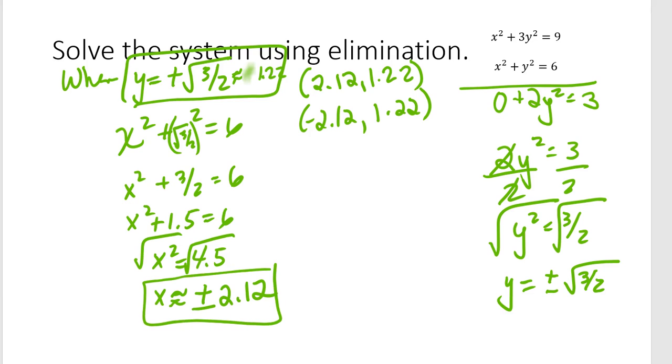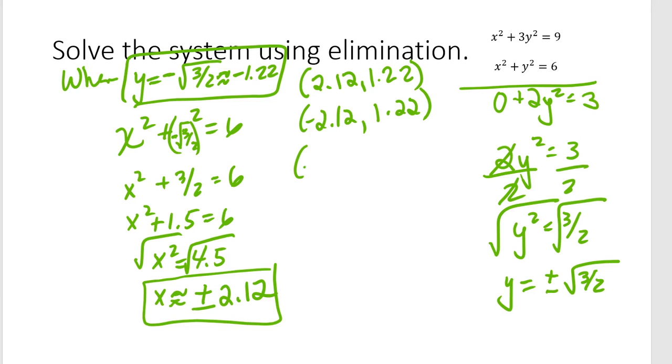Okay, so we've considered first when y is the positive square root of 3 halves, and we got two different answers for our x's. Now we're going to consider when y is equal to negative square root of 3 halves, which we already said is approximately negative 1.22. Okay, so we can put that into our original second equation, and it will end up being the same thing.